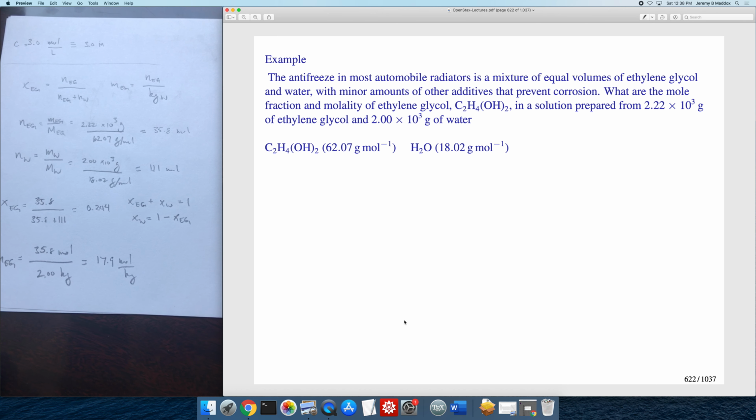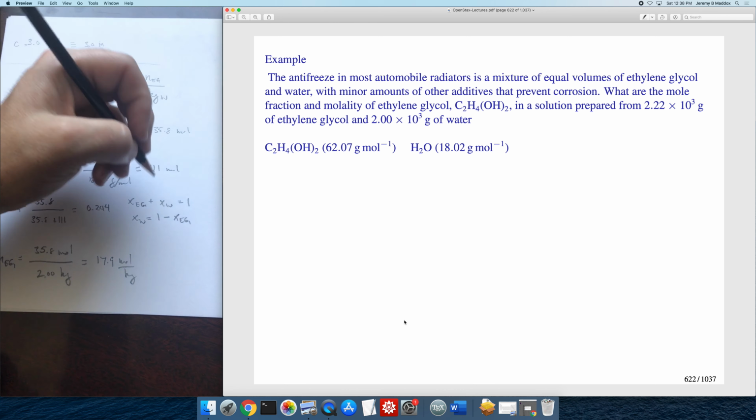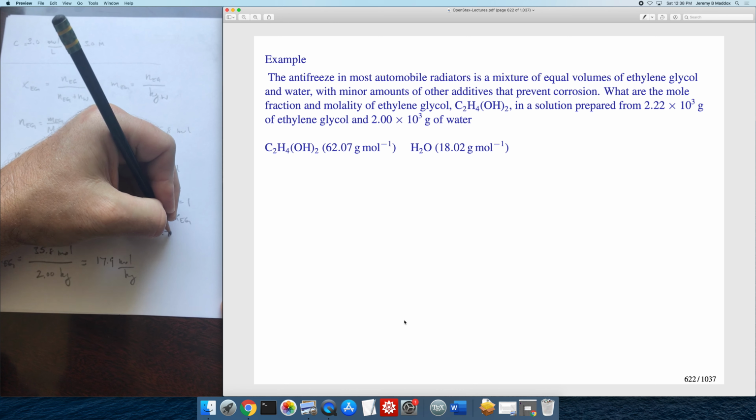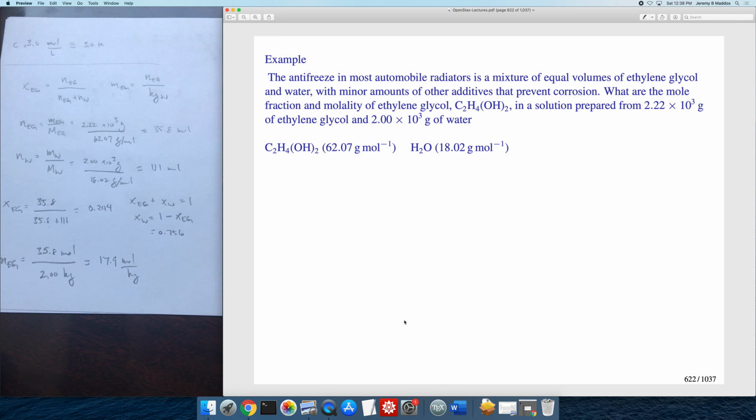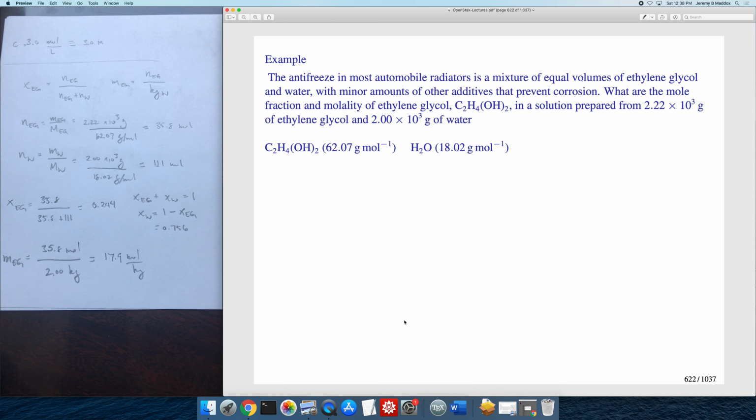So that would be 0.756. Okay, so you need to be able to calculate mole fractions and molality.